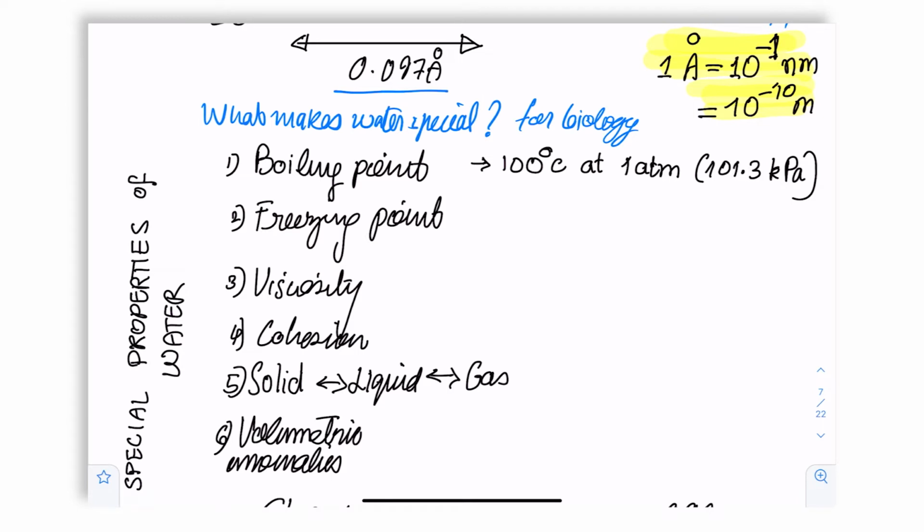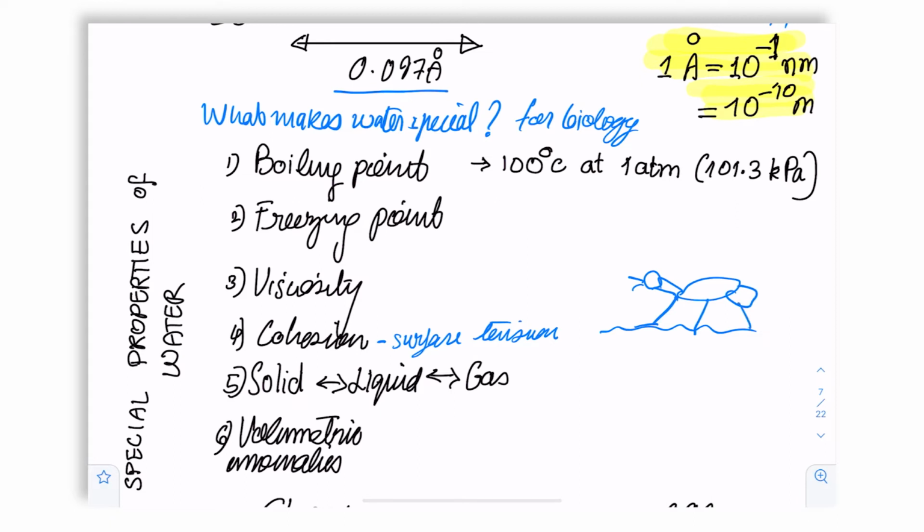There is cohesion, which leads to things like surface tension, allowing, if you remember, certain kinds of insects to walk on a static body of water. Water striding insects. We won't have time to discuss it, but these are all due to surface tension.